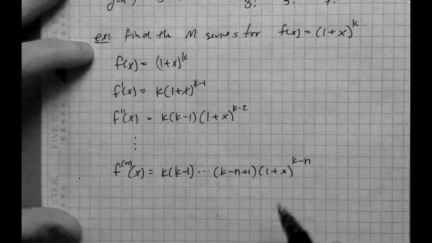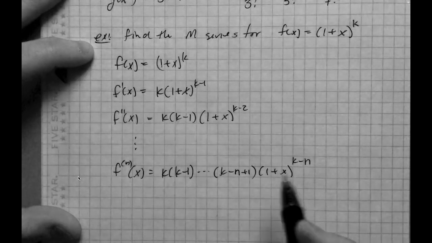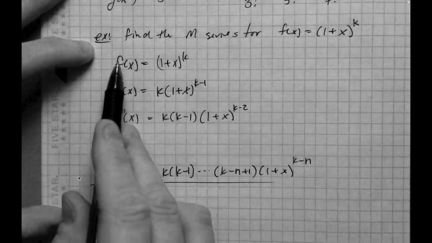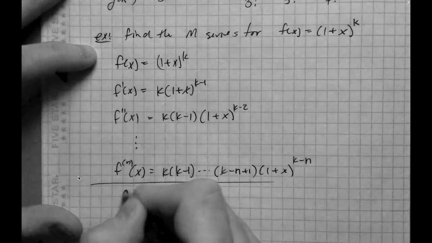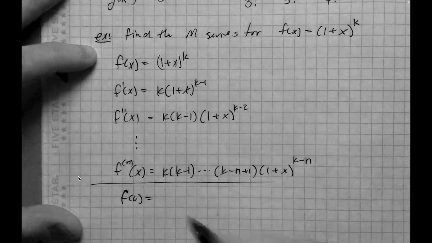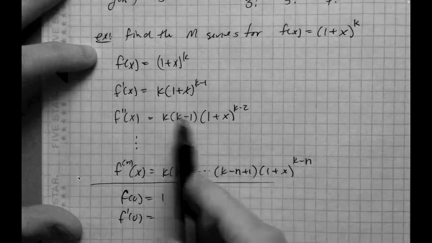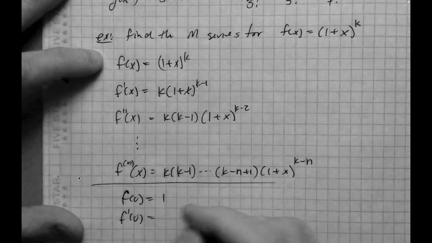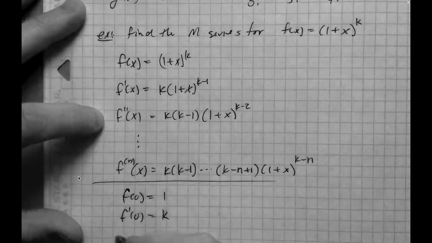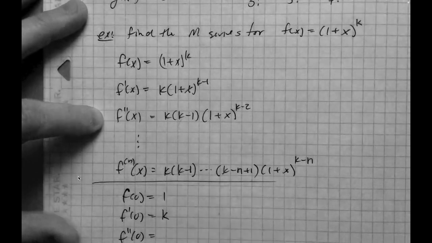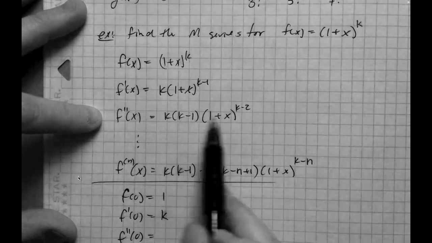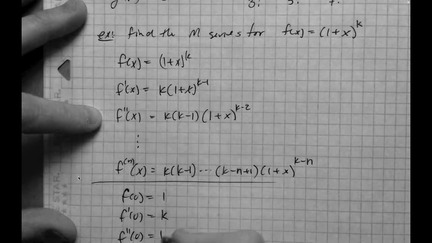Okay, and so what happens when I evaluate all of these at 0? f of 0 is 1. f prime of 0 is k. f double prime of 0 is going to be k times k minus 1, and then this is just 1.